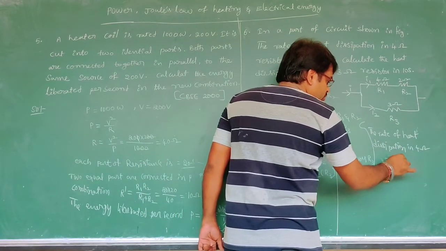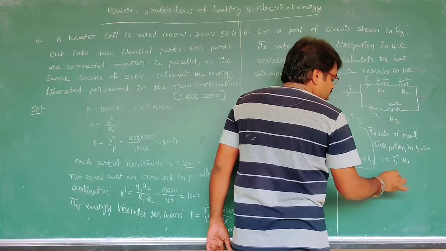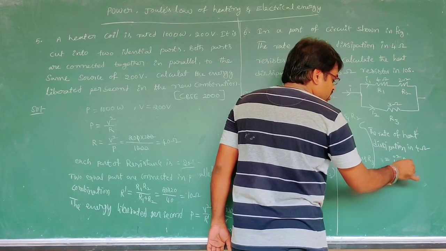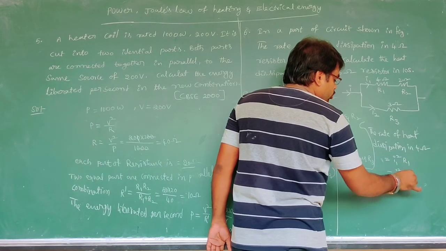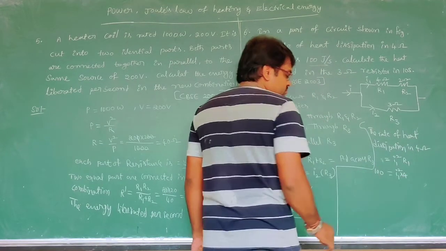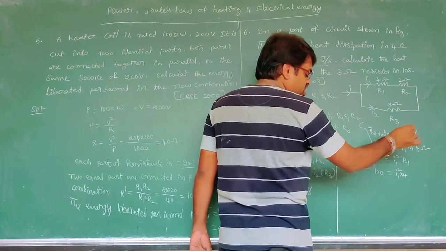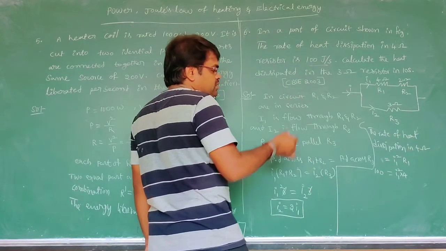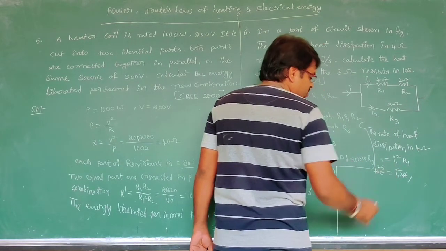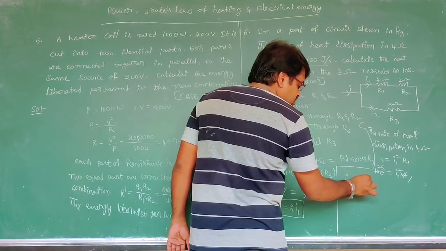I1 square R, because the current flowing is I1 through R. I1 we don't know. R1 is 4, and the value given is 100. Dividing by 4 gives 25. That is, I1 is equal to 5 amperes.